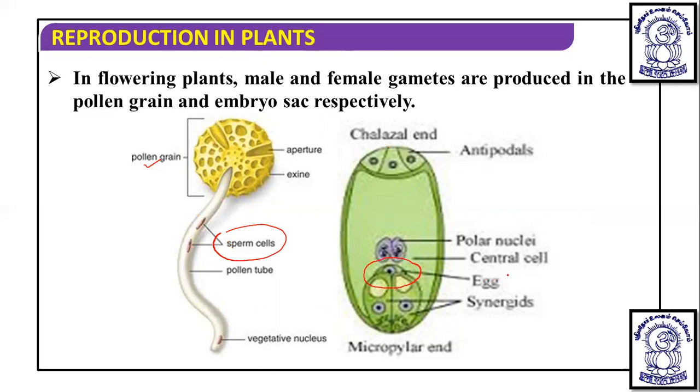These are present in separate parts of the flower. One is produced in a pollen grain, another one is produced in the embryo sac. There is a need to bring them together. Then and only then can further processes occur.